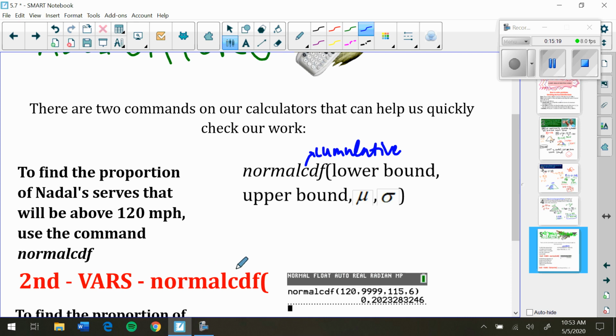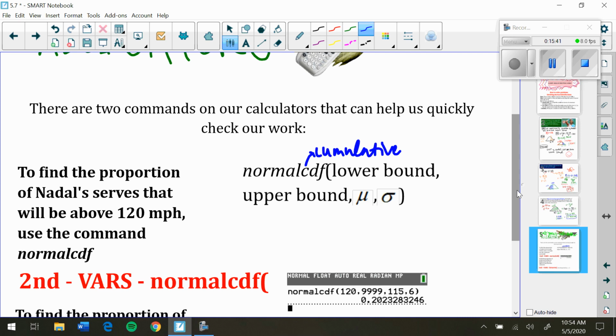Depending on your calculator, it's either going to literally ask you by having these words, or you're just going to see it like this, and you'll have to put commas. The comma, if you need a comma, is right above the 7. But if your calculator prompts you, it's going to ask for the lower bound, the upper bound, mean, and standard deviation.